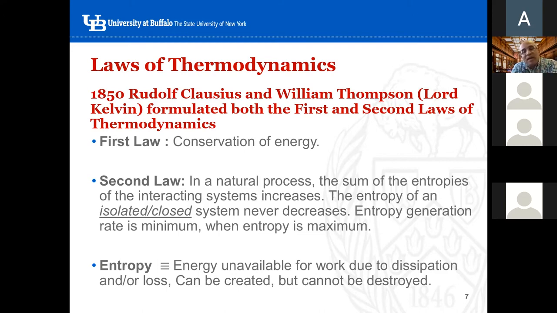It will be able to generate less entropy, or the generation rate will get smaller and smaller every day. It is not possible for any closed system not to have a positive entropy generation. Essentially, in nature, everything ages, gets older and older, and then finally fails or dies. So this is the second law.